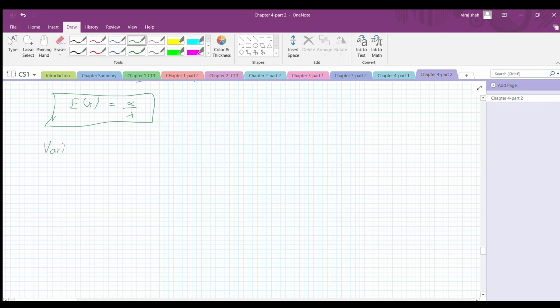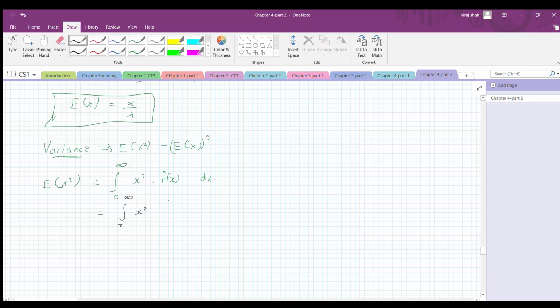Variance, with similar steps, is nothing but expectation of x square minus expectation of x the whole square. I have the expectation of x, I just want the expectation of x square, so let us find that now. Expectation of x square would be nothing but x square into f of x, summed over all the values of x, which is 0 to infinity. So the next step would be substituting our values.